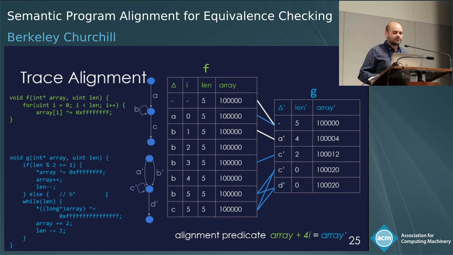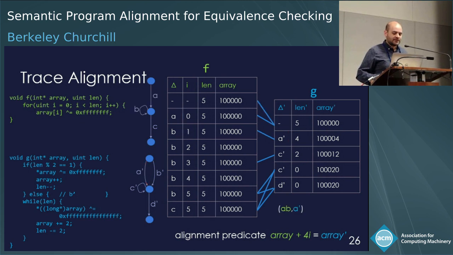And this will delimit some path through program F and some other path through program G. If you look at what these are doing, this path AB corresponds to entering the loop and executing one iteration. Path A prime in program G corresponds to entering this guarded block and flipping the bits of the first array element, which is exactly what we would expect.